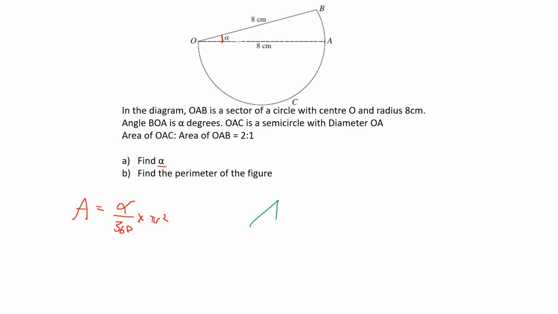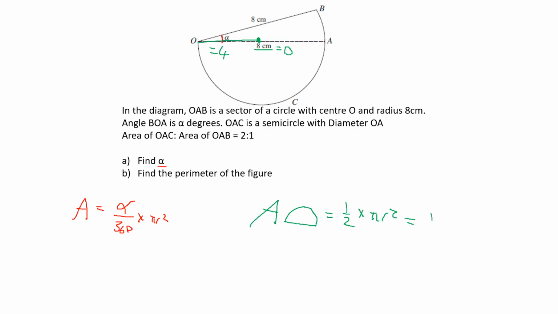The area of the semicircle is just going to be a half, because it's a semicircle, times pi r squared. What's the radius of this semicircle? Well, if we know that this is the diameter, the radius is just going to equal 4.